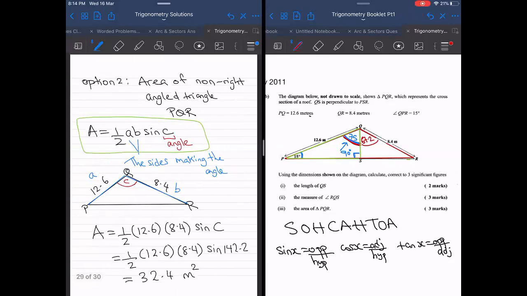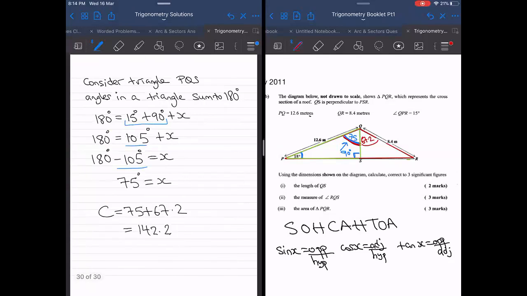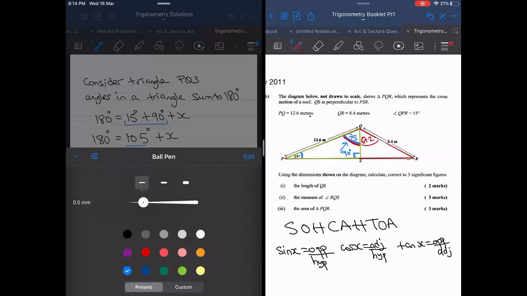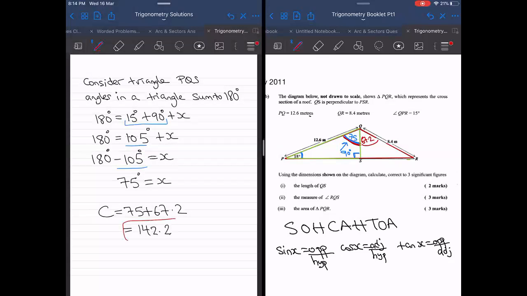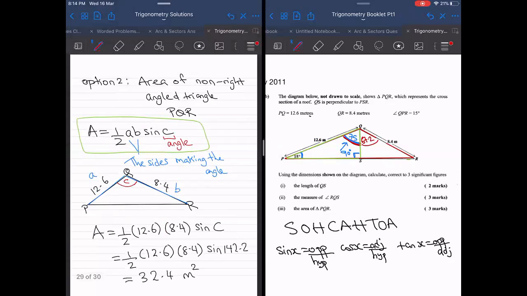If you're asking me where's the 90 degree on this, I don't want any 90 degree. What I want is the two sides and the angle at the top. So all of this was just to help me find the full thing that I have here, which is the 67.2 plus the 75 that we found.